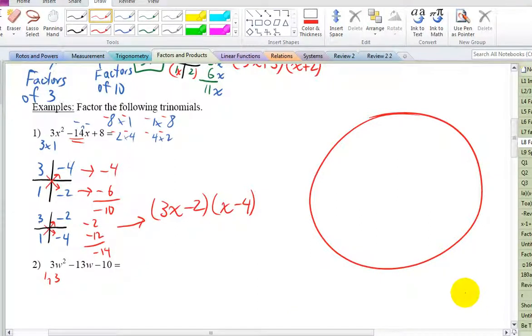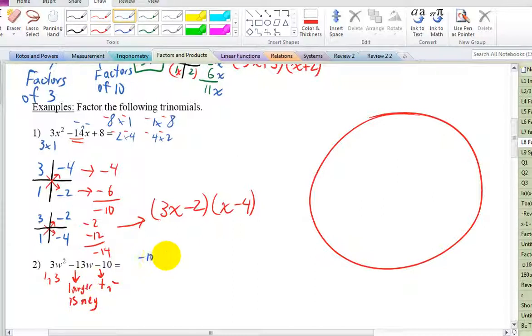Okay, so right away I see that we must have one positive and one negative in order to multiply to negative 10. We talked about that yesterday and the day before. The sum tells you what? The larger is negative. So don't write anything.